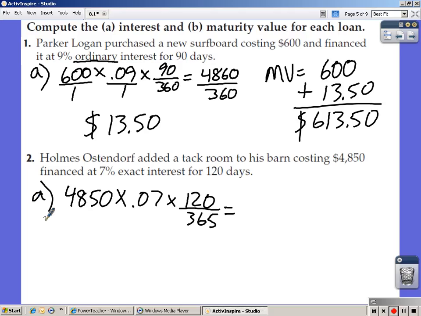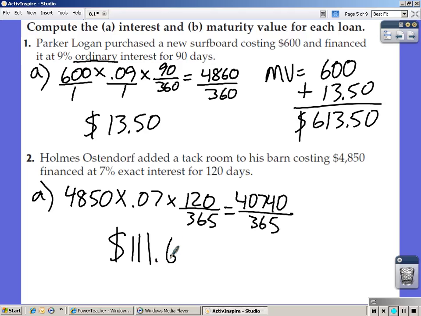So 4850 times 0.07 times 120 gives us 40,740 divided by 365. My interest that I come up with is 111.62. Okay?